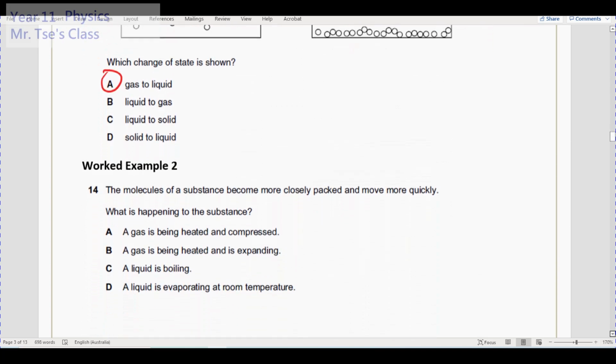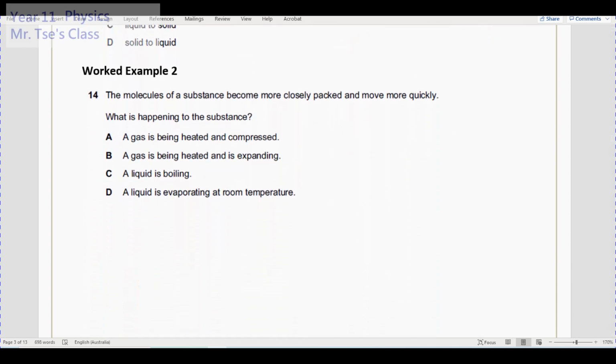So the molecules or substance become more closely packed and move more quickly. What's happening to the substance? The gas is being heated and compressed.